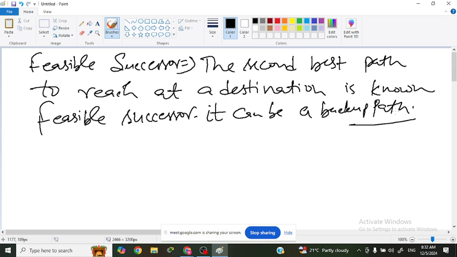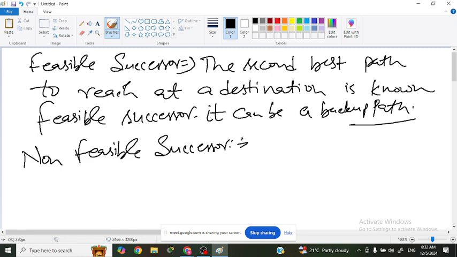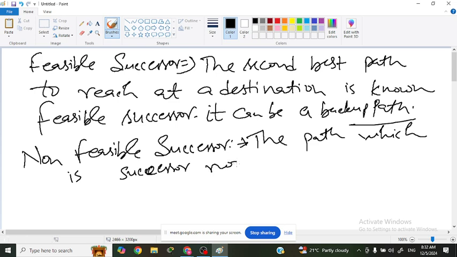So there is a third terminology, the non-feasible successor. The path which is neither a successor nor a feasible successor is called a non-feasible successor.